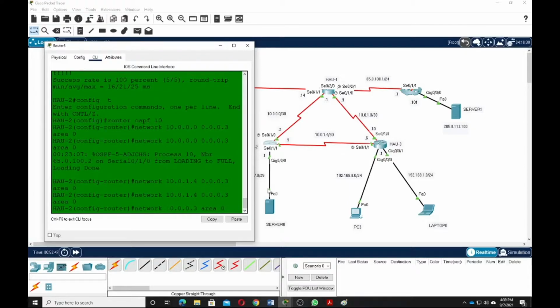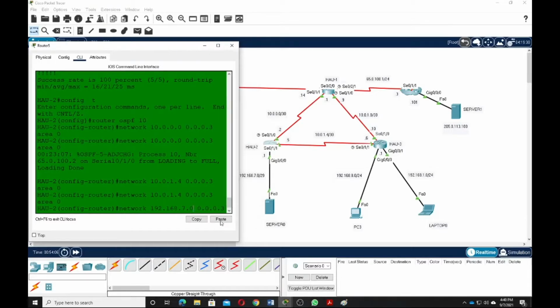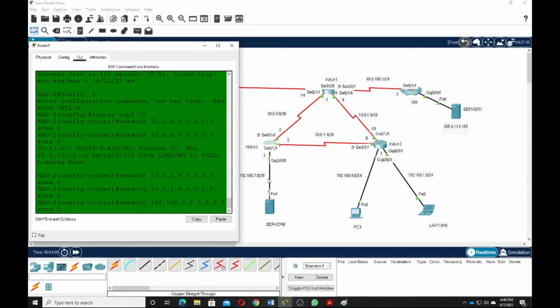This is network 192.168.0.0, and the wildcard mask of this is 255 minus 248, which is 7.